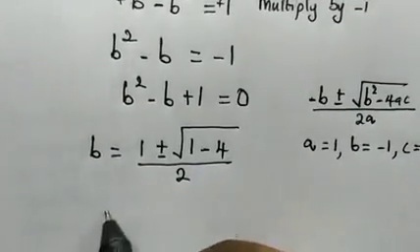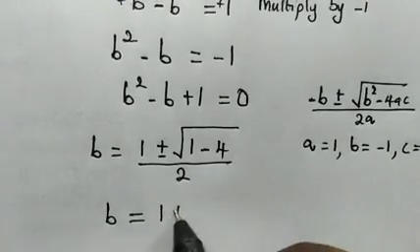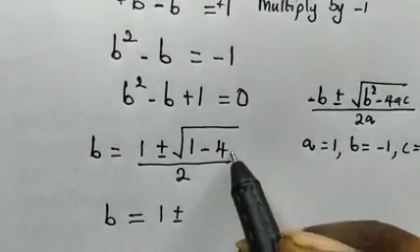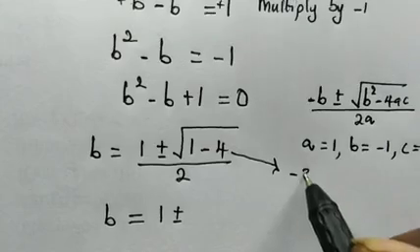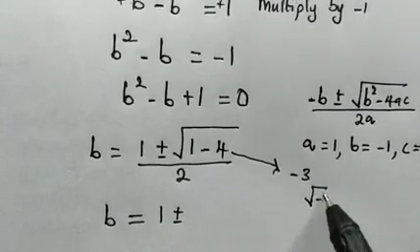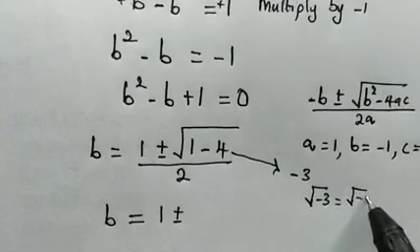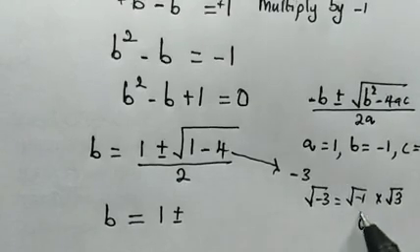So from here we get b is equal to 1 plus or minus, and under this root sign, 1 minus 4 is negative 3. Now the square root of negative 3 is equal to the square root of negative 1 multiplied by the square root of 3. The square root of negative 1 is iota, then times root of 3.